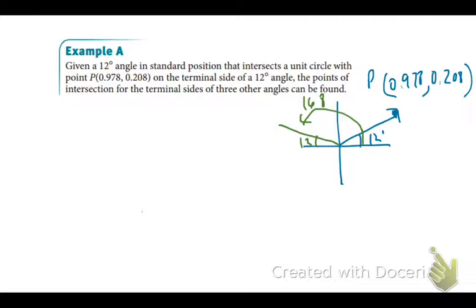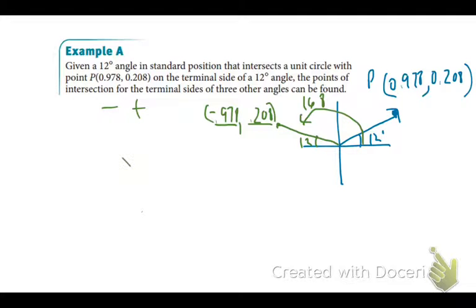Tell me, okay, here's our point. What is that ordered pair here? So if we're over here in quadrant 2, that's our negative positive combination. So it's going to be what? Negative 0.978 and then the positive 0.208.